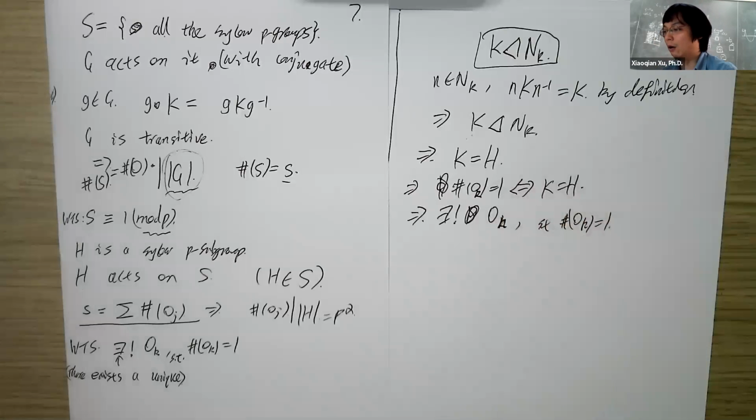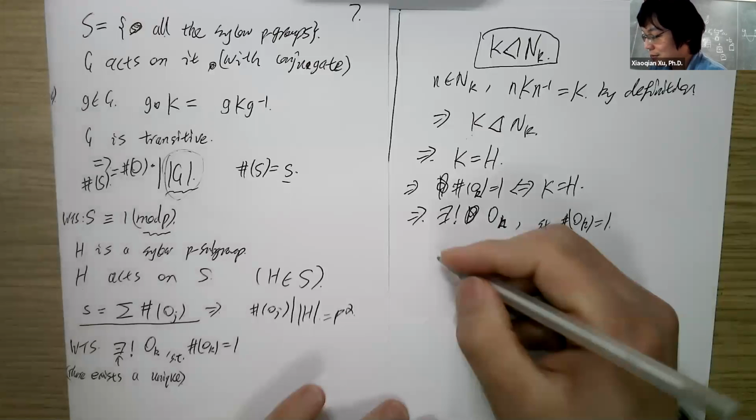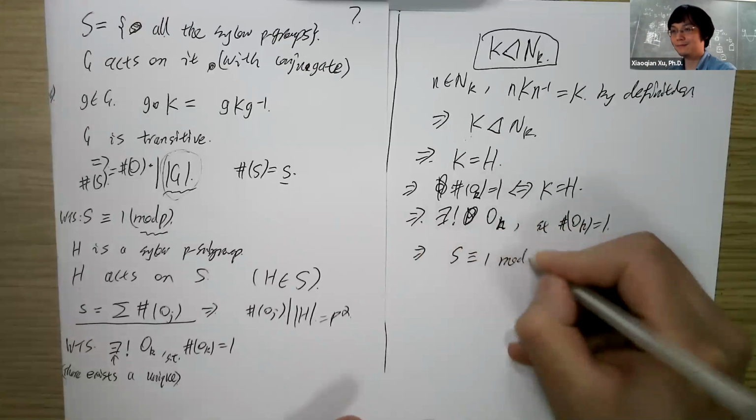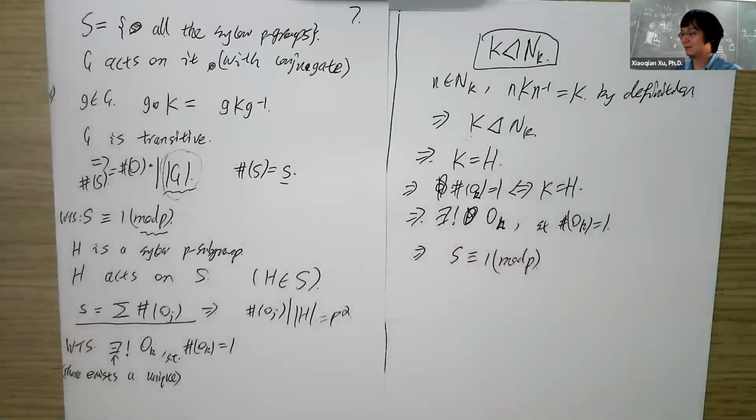The orbit of H under the action of H has order 1. Other than that, all the other elements of S will have orbits of order higher than 1. Okay, so S mod P equals 1. Well done.